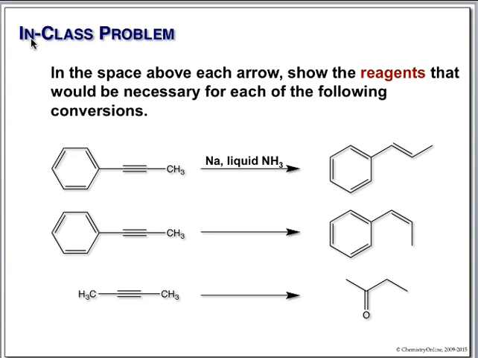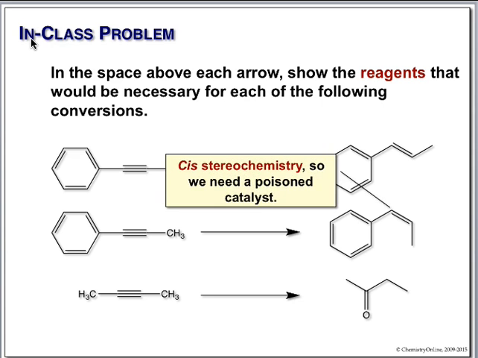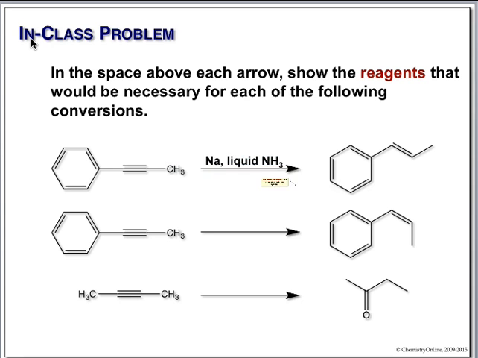We could use platinum or palladium on barium sulfate, that's poisoned, or we could use Lindlar catalyst. Cis stereochemistry, therefore a poisoned catalyst. Again, there are two that we know: hydrogen gas with Lindlar catalyst, or hydrogen with platinum or palladium on barium sulfate.